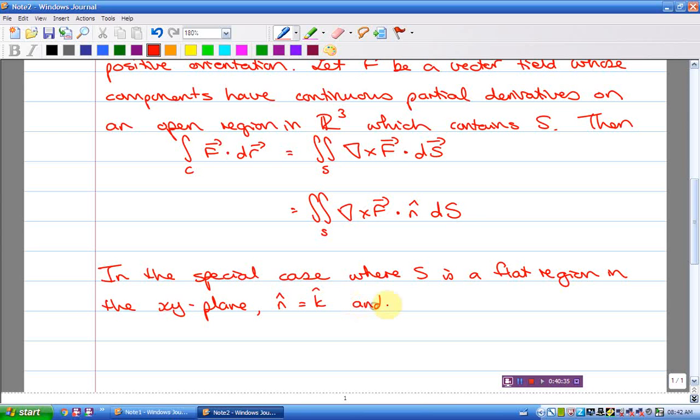And of course our surface integral will just dissolve down into being an ordinary double integral.